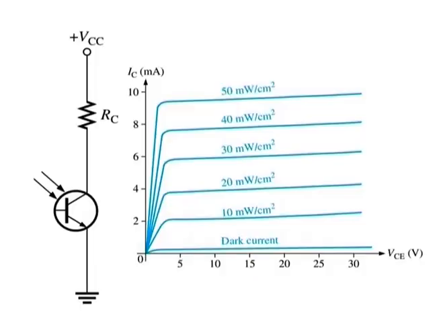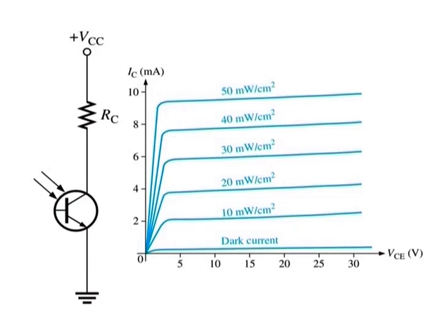The figure here shows a phototransistor with a biasing circuit and typical collector characteristic curves. Notice that each individual curve on the graph corresponds to a certain value of light intensity and that the collector current increases with light intensity.